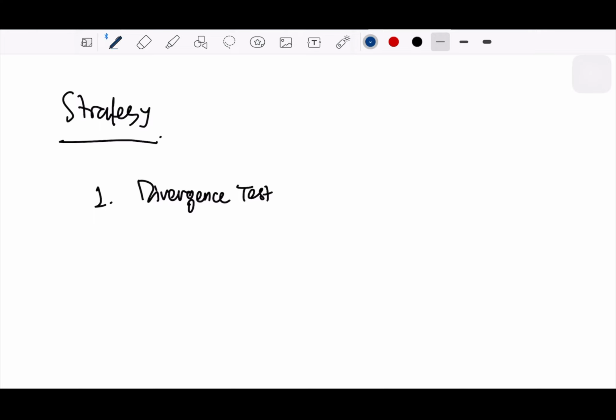Take the limit of the sequence, and to get a direct result, it needs to be not equal to 0 or not exist. Then you can determine directly that this will be divergent. If it is 0, it's not necessarily convergent. Remember, if you take the limit and it equals 0, it's not necessarily convergent. You need to confirm with other methods.